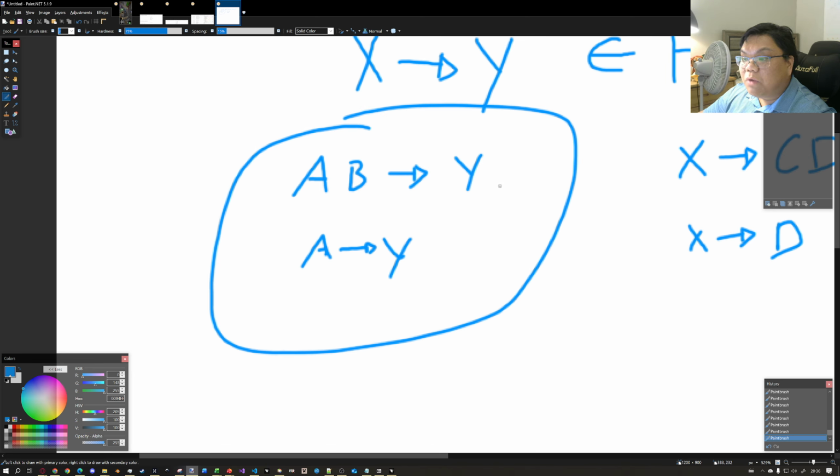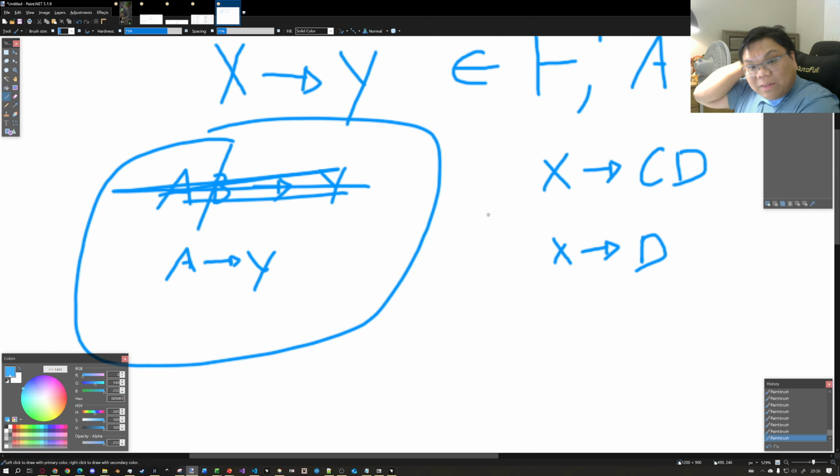AB determines Y, but A determines Y. If A is enough to determine Y, then there's no point to have B here. So we can eliminate B from this functional dependency AB determines Y, and then we just have A determines Y. So it's basically on par with eliminating altogether the functional dependency of AB determines Y.